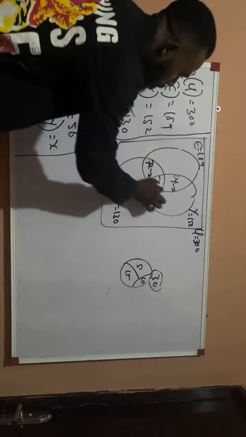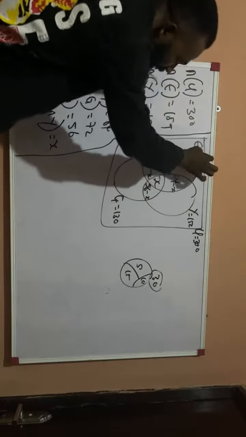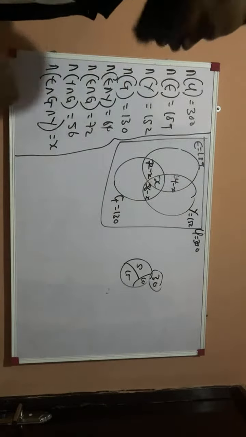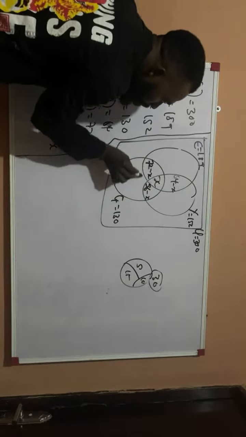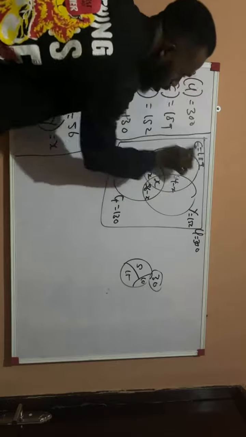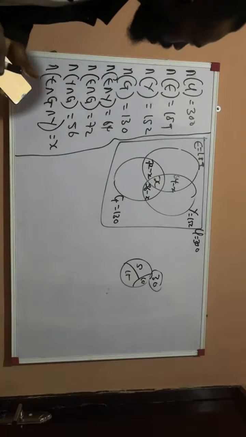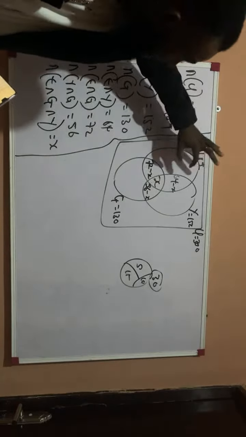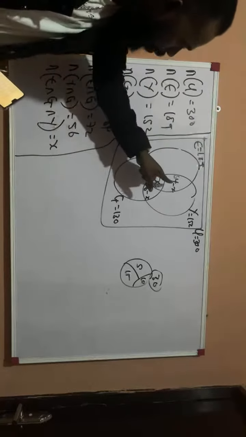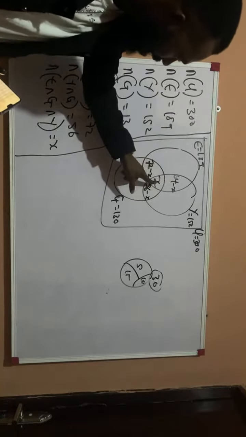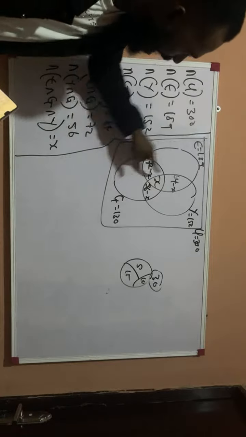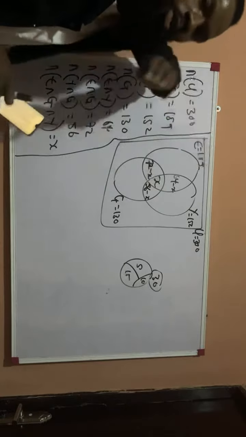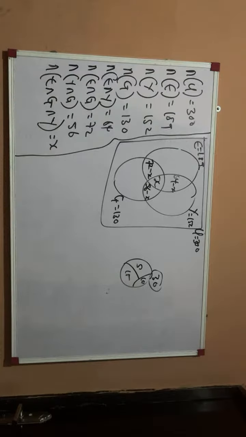Now, the total number of persons that love effic dance is 189. So this is in the circle of effic. For me to get this portion, I will add this, and I will add this, and then I will subtract it from the total number of effic dancers.